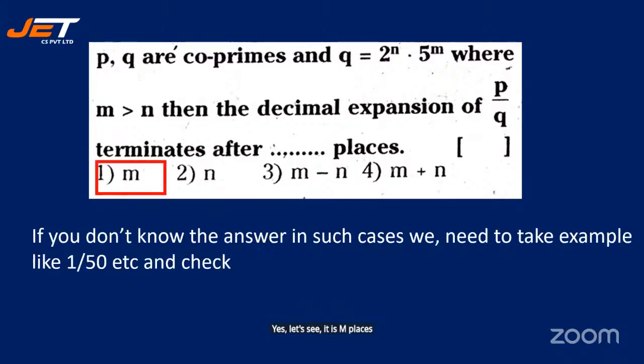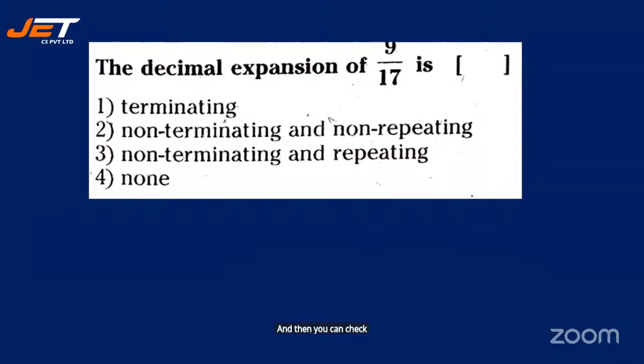If you don't know the answer in such cases, we need to take an example like 1 by 50 and then you can check. Right, the decimal expansion of 9 by 17 is what?